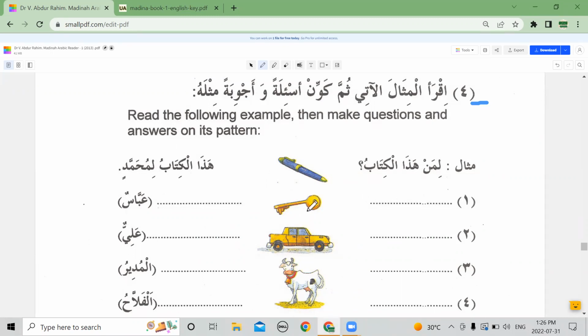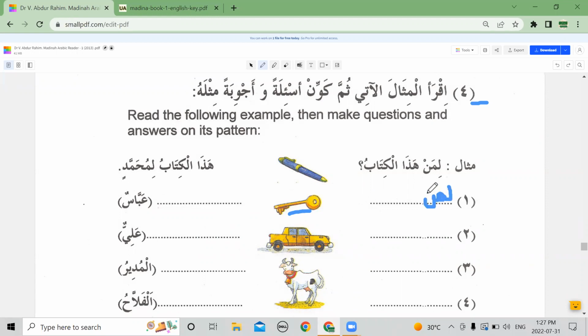So now we have to look at this picture here. What is this? Key. So this is a key, right? Liman hadha al-miftahu, with one dhamma. And what's the answer? Can you please write it down? Okay, I will try to write it out. It'll take a little bit of time, but here we go.